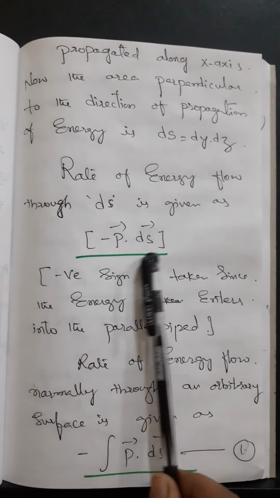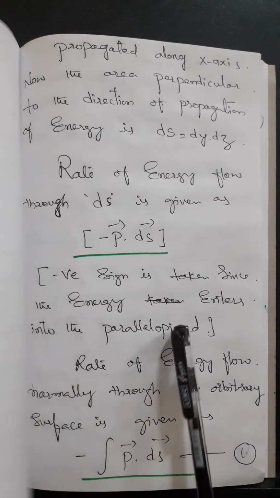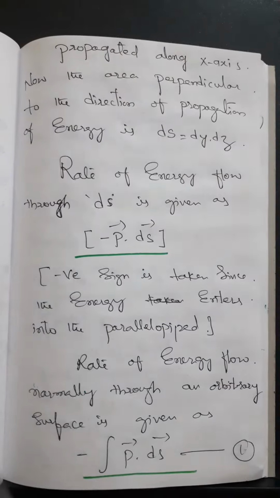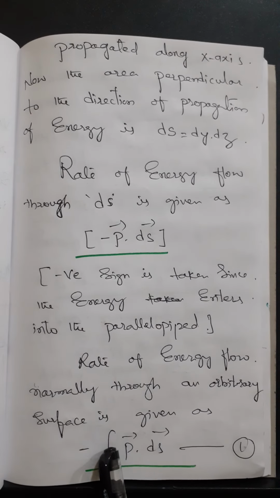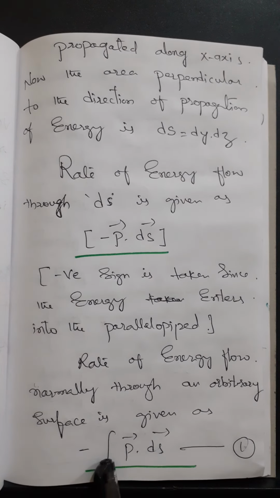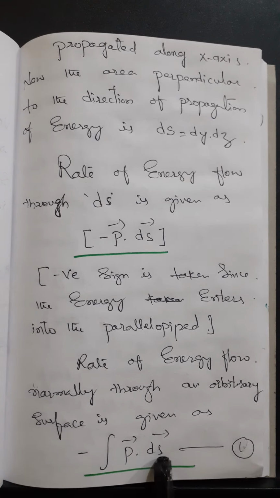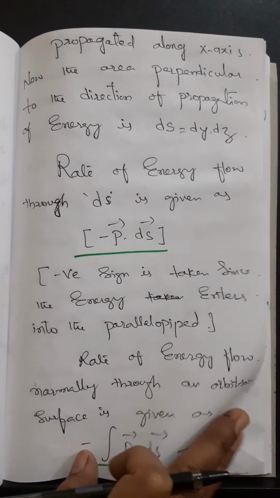So this is the energy flow through the small area. Now for the whole surface, we should take the integration of this equation. So the rate of energy flow through the whole arbitrary surface can be written as the integral of P dot dS. Let us take this as equation number 1.